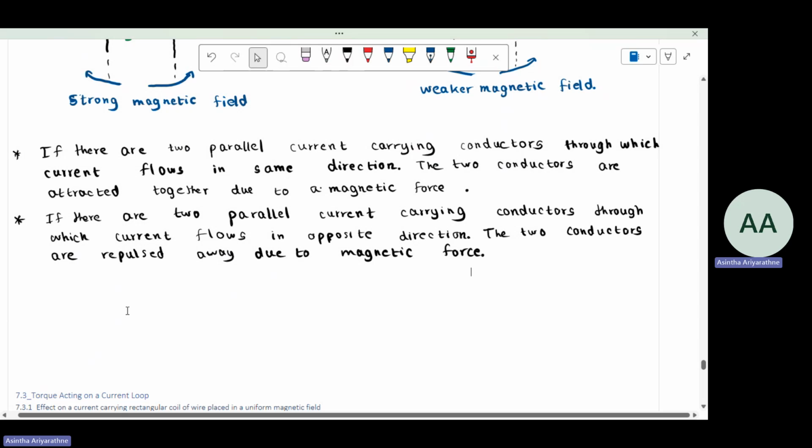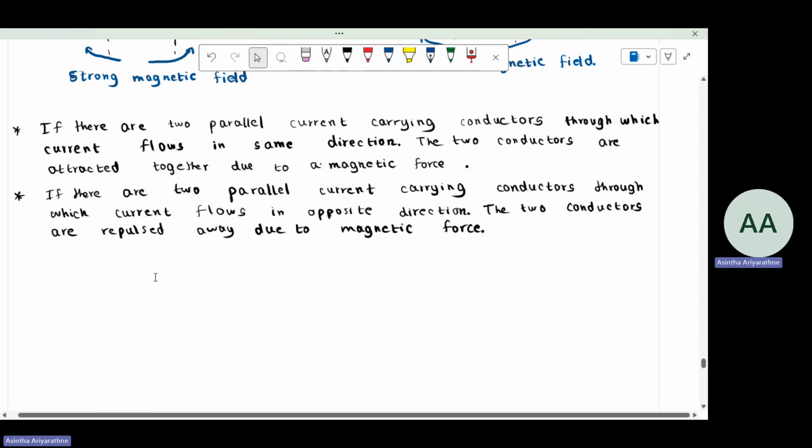So here we can easily find this mutual magnetic force between the two conductors, whether it be repulsive or attractive force.